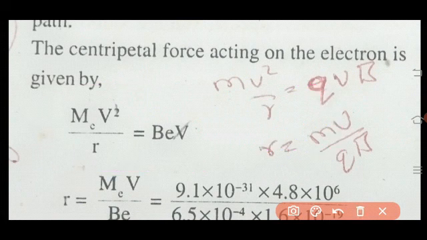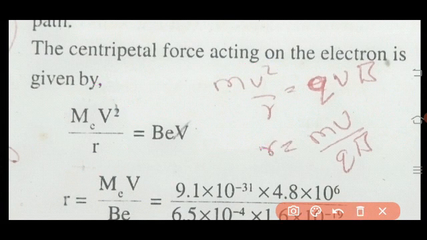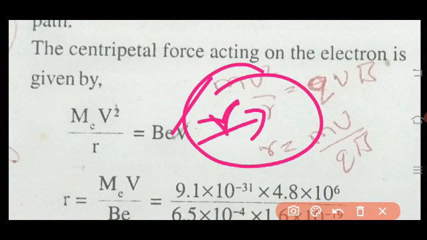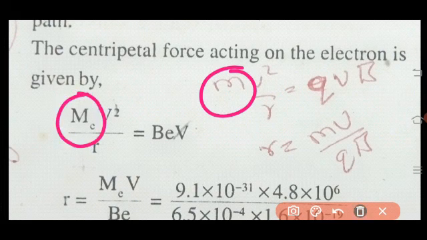What is the centripetal force? That is mv square by r, where r is the radius, v is its velocity, and m is the mass. Here they have specified the electron, so you can write m_e, the mass of the electron.